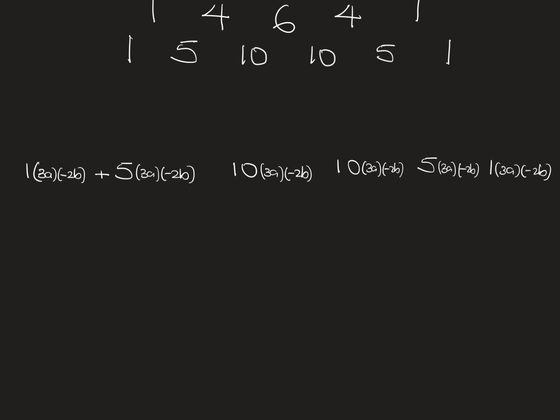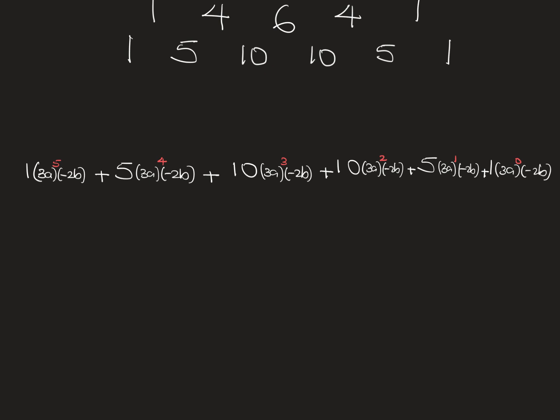Then we add. One of the powers has to go in descending order, while the other will go in ascending order. Since the highest power is 5, let's say 3a goes in descending order, so that will be 5, 4, 3, 2, 1, 0.